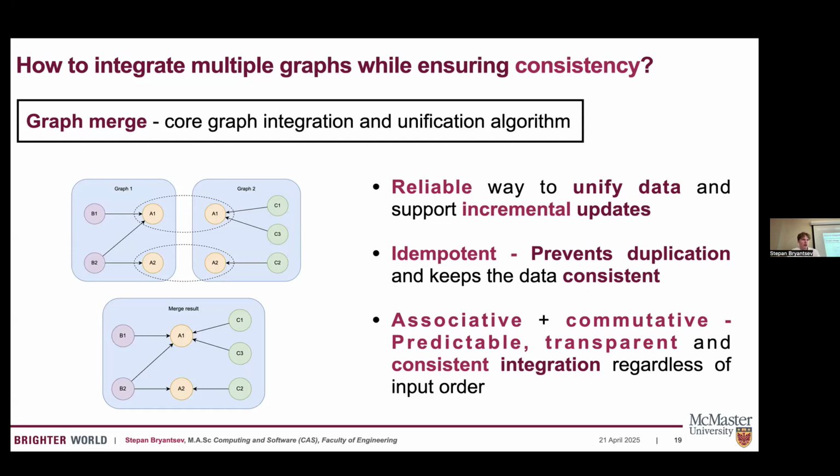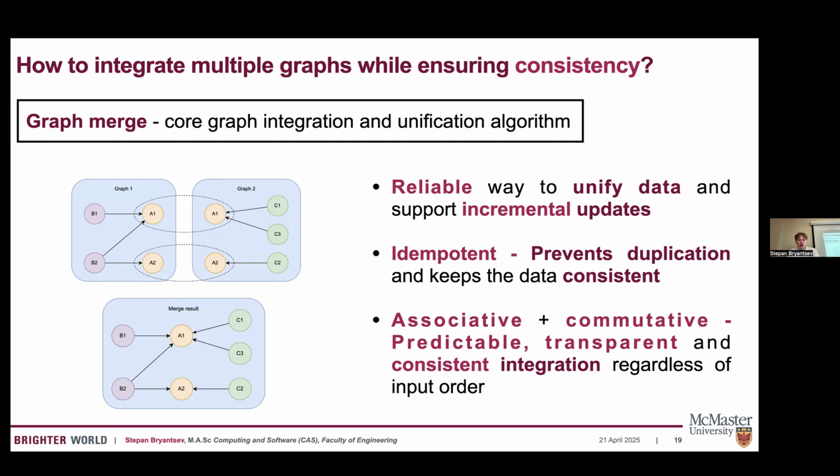In other words, you can push as many times as you want, and you will end up with the same graph representation, because all the duplication will be absorbed during the graph merge. So no matter how many times you push the same information, the result would be consistent and accurate.